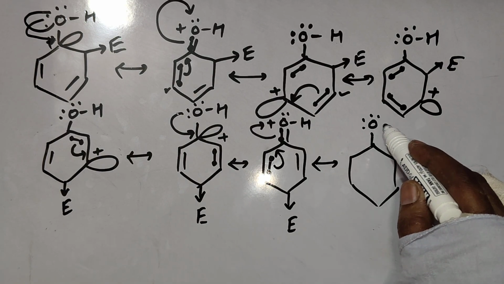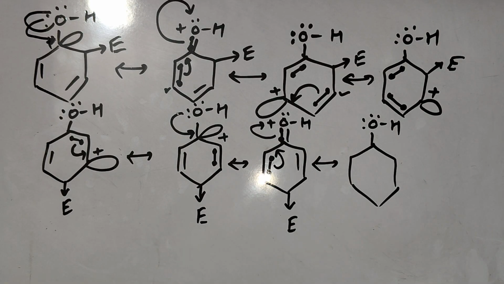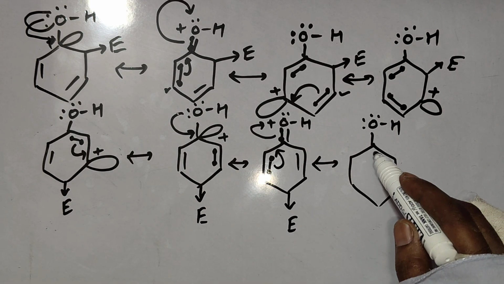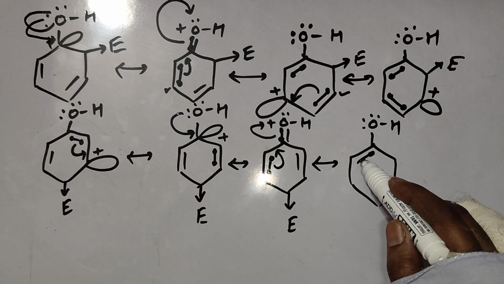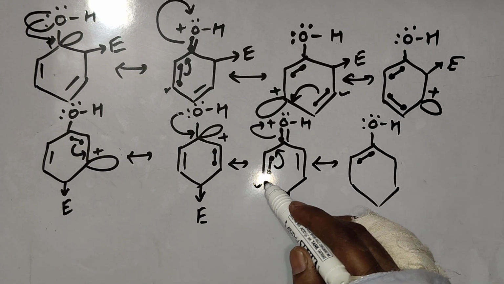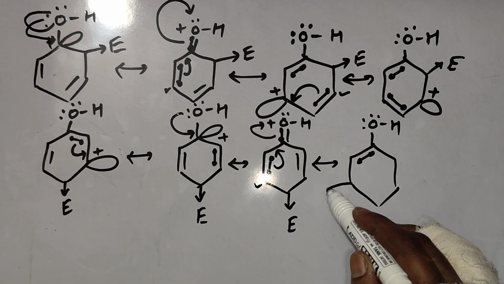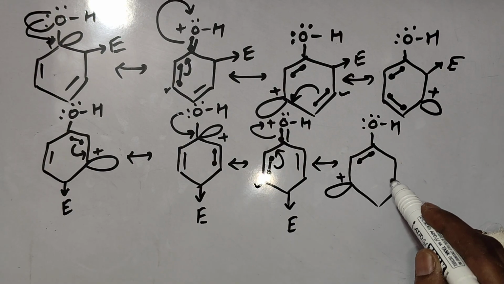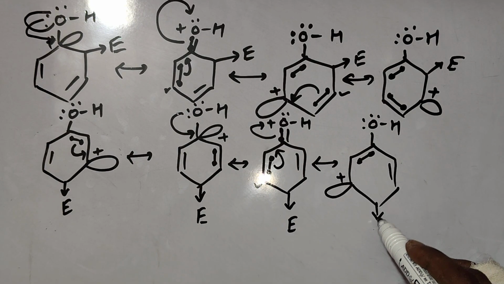Oxygen will get its electron back, a single bond will be left between oxygen and carbon, and a pi bond will generate here. Now this carbon is losing its electrons, so a vacant orbital and positive charge will come here. Rest of the molecule as it is, no change.